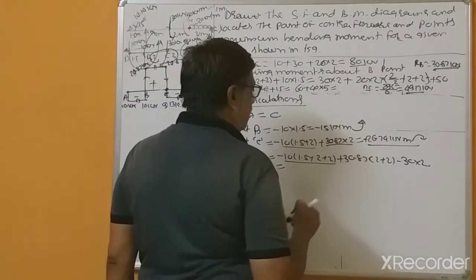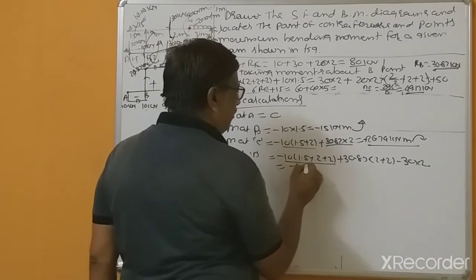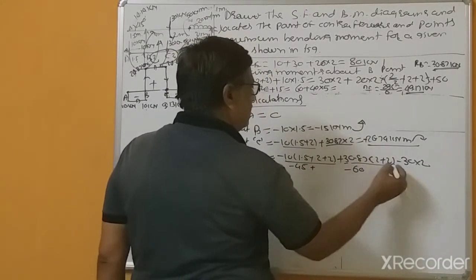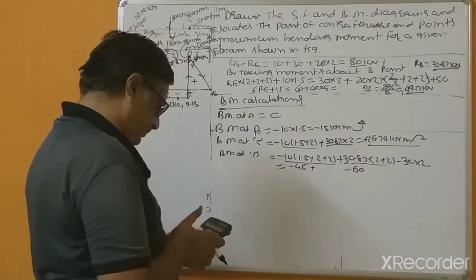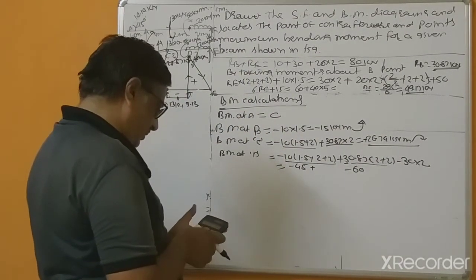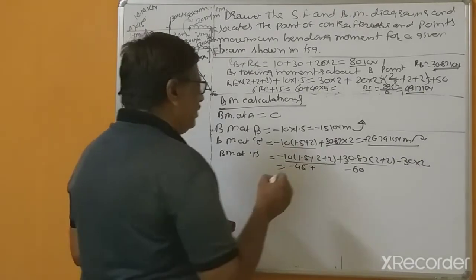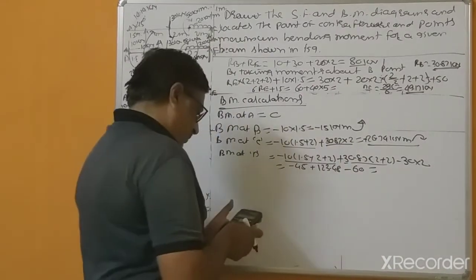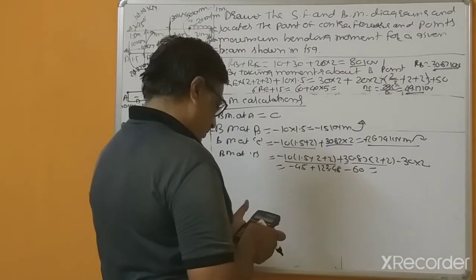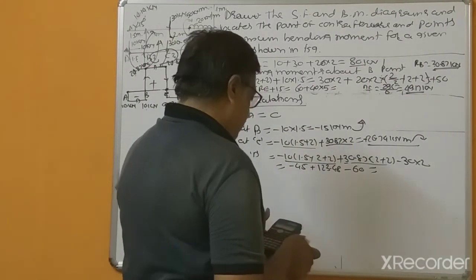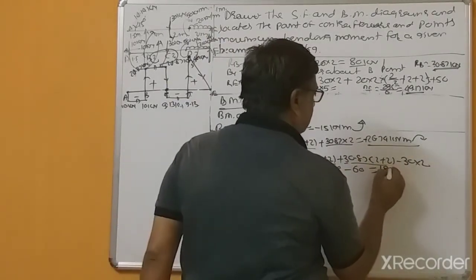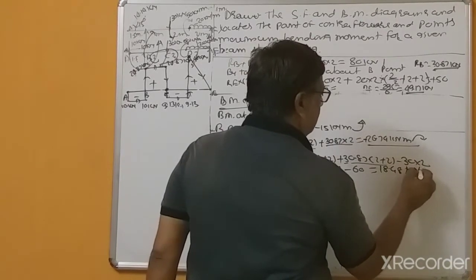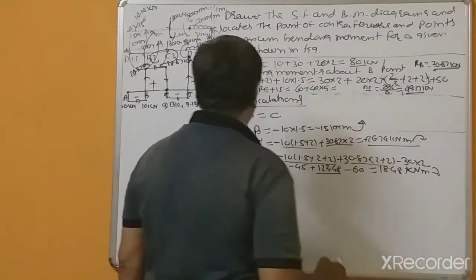This is 4.5 minus 45, minus 60, and this is 30.87 multiplied by 4, 123.48, minus 60 minus 45, 18.48, and this is plus kilonewton meter.